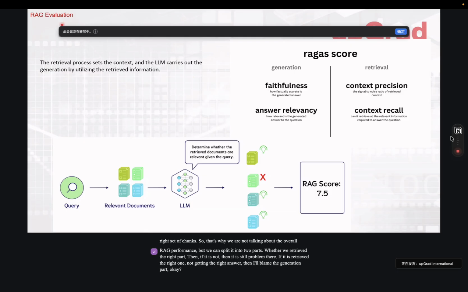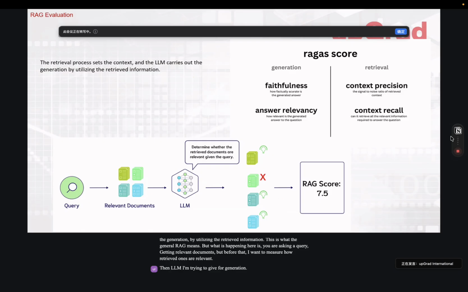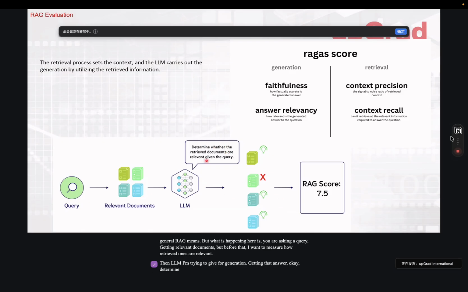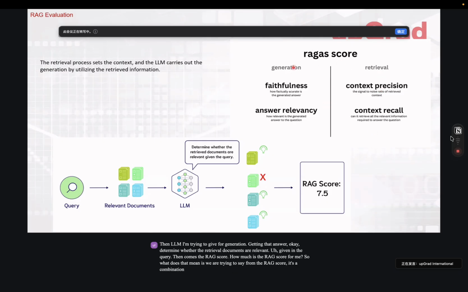The retrieval process sets the context, and the LLM carries out the generation by utilizing the retrieved information. This is what RAG generally means. What is happening here is you are asking a query and getting relevant documents, but before that I want to measure how relevant the retrieved ones are. Then I give them to the LLM for generation and get the answer, determining whether the retrieved documents are relevant to the query. Then comes the RAG score. It is a combination of retrieval and generation.